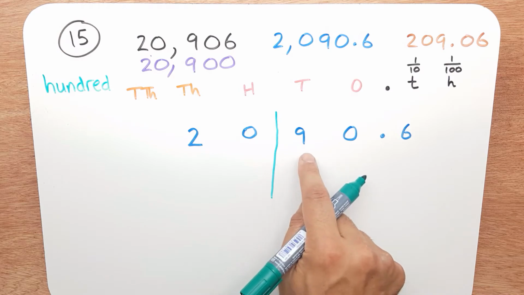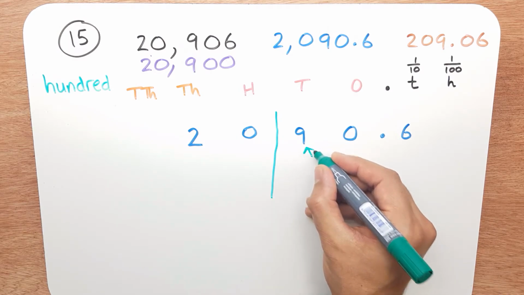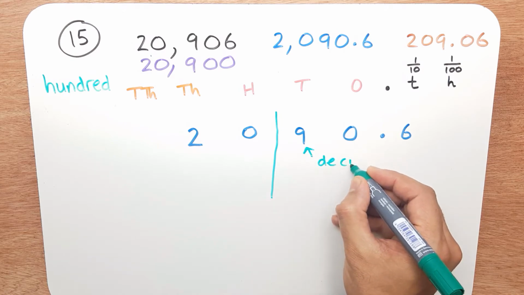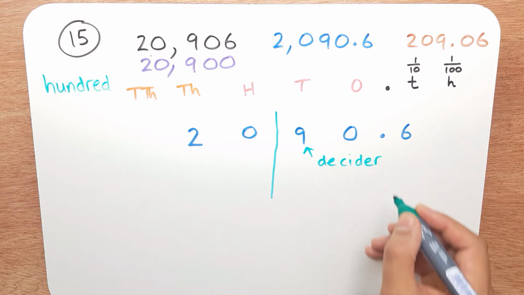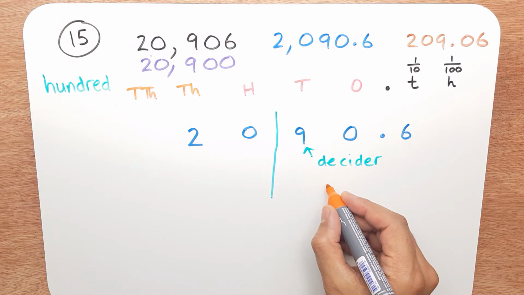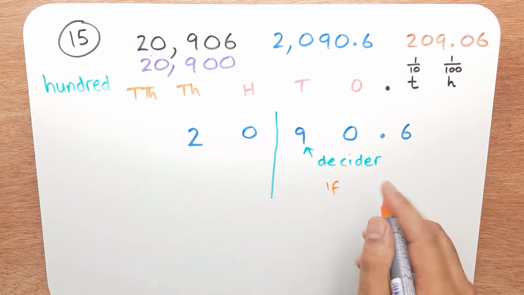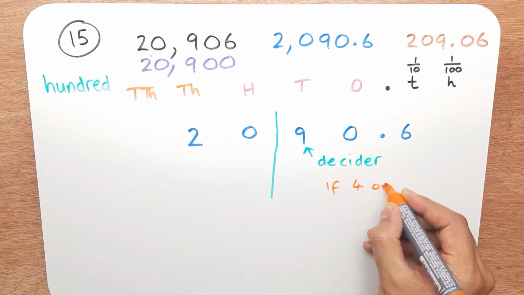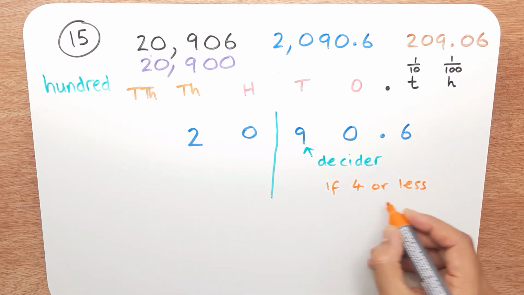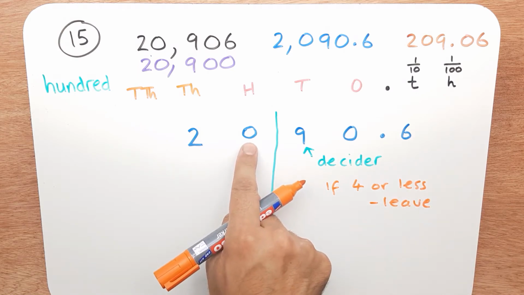And we said the number to the right of the line is called the decider. And there's two rules for that. The first rule is if this decider is 4 or less, we leave this number alone.